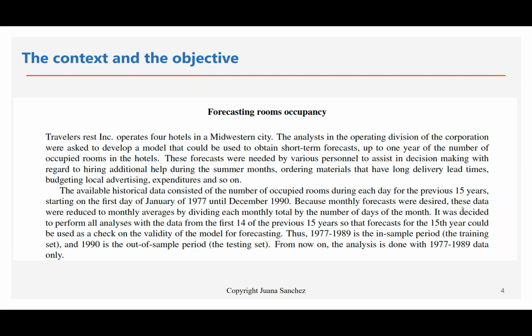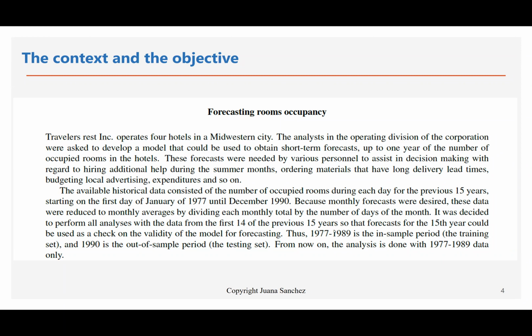So they just calculated for us the monthly averages, dividing the monthly total number of occupied rooms by 12, okay? And that's not even a moving average. It's just a way of aggregating the data for us. So they gave us the average monthly number of occupied rooms every month for 15 years.